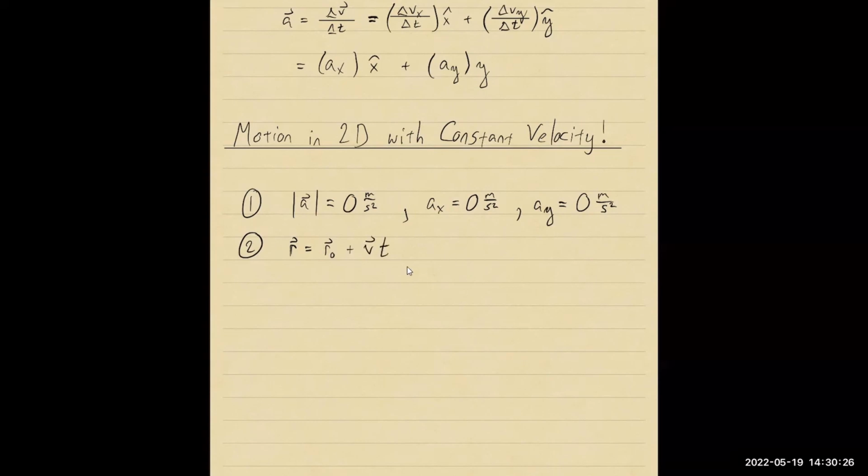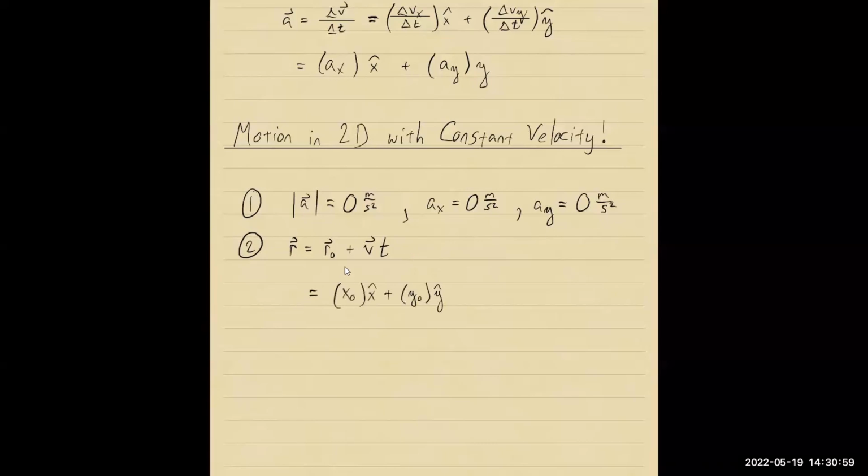But keep in mind that both r0, our initial position vector, and our velocity v are 2-dimensional vectors. So they have an x component and a y component. We can actually break this down. r0 is going to be some amount x0 in the x direction plus some amount y0 in the y direction.